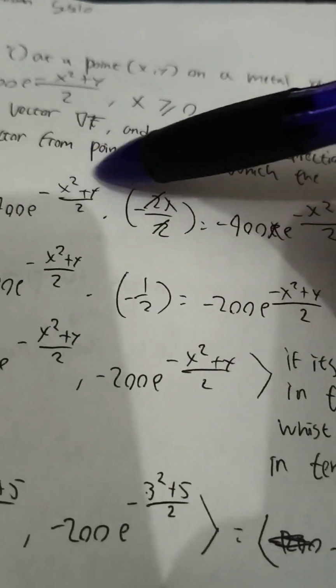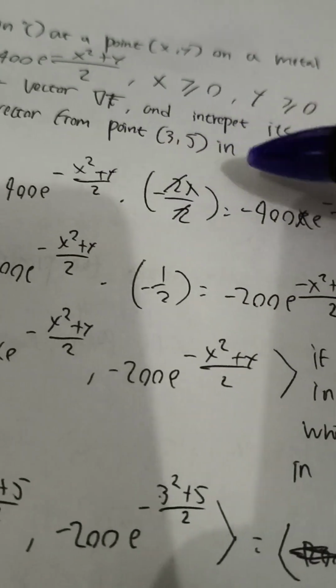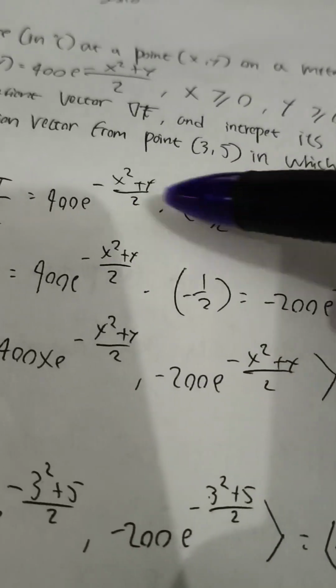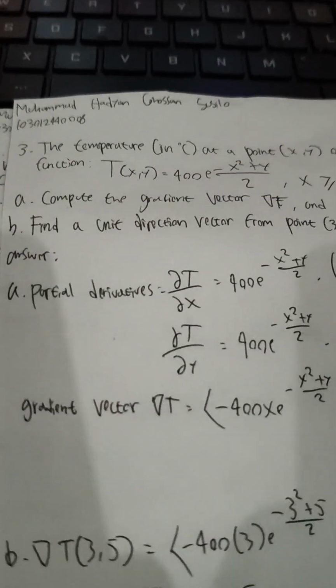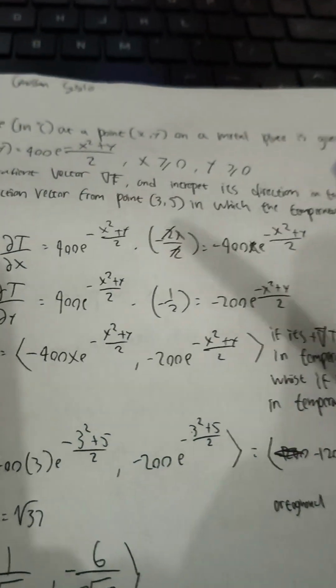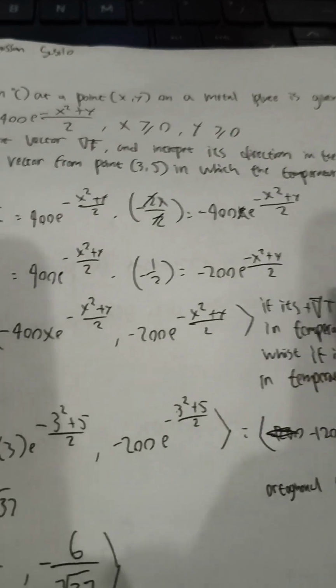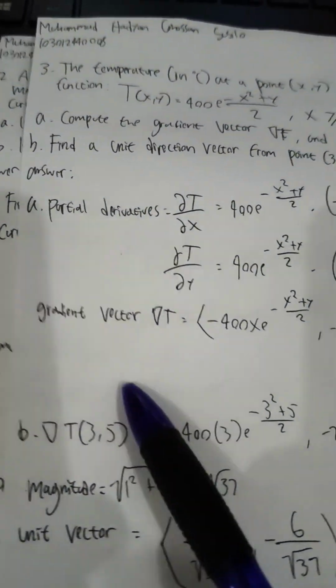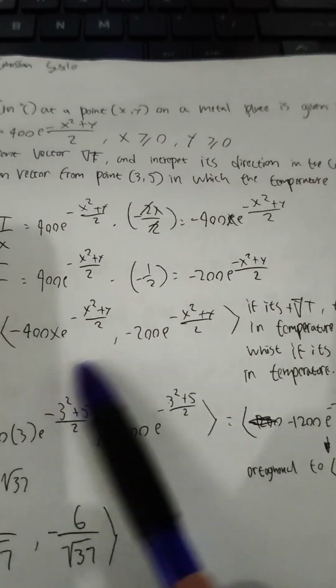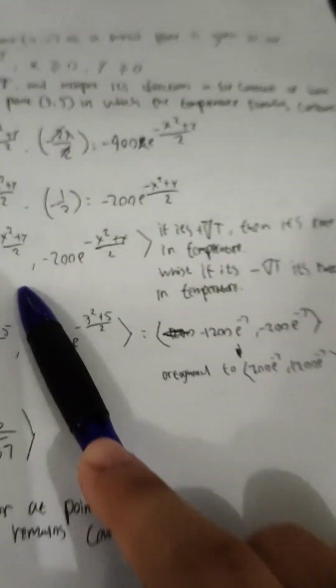If we multiply it, so this with respect to x, y is void. Okay, so then we need to find the gradient vector. This is the gradient vector.